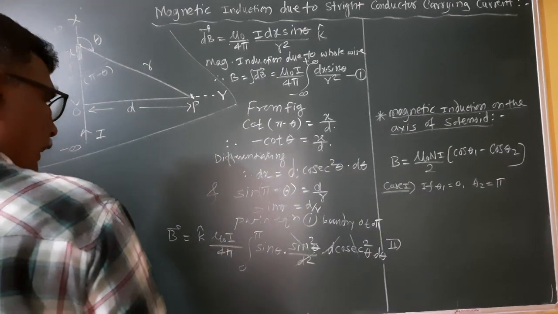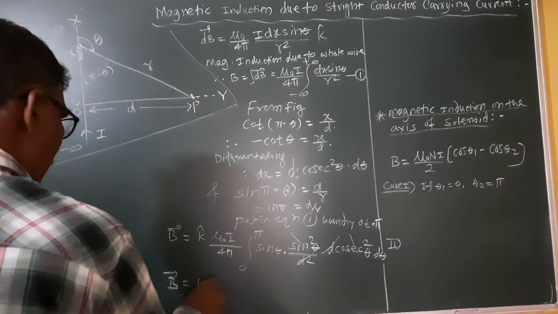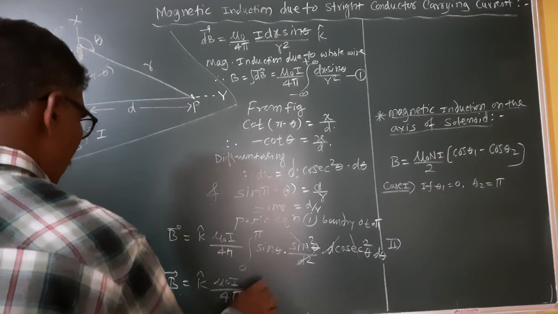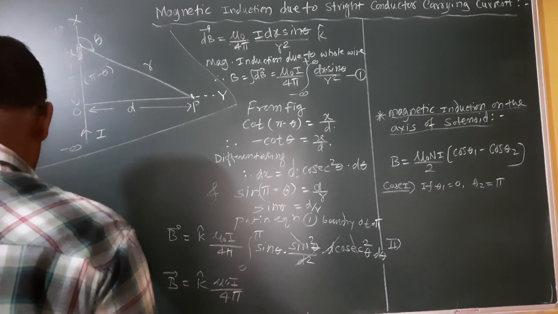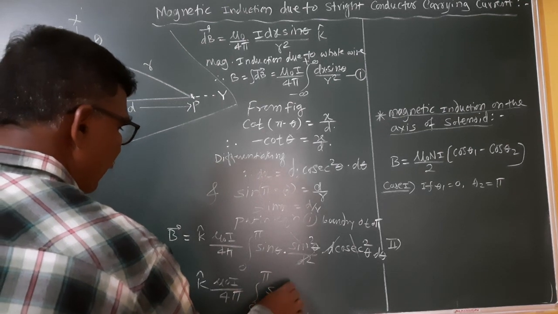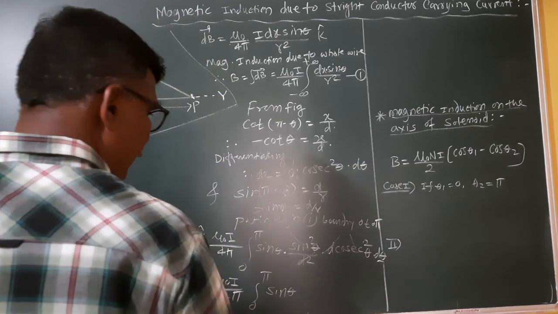And finally the remaining thing is that B bar is equal to k cap mu 0 I upon 4 pi, and in the bracket remains the integral from 0 to pi of sin theta into only d theta.